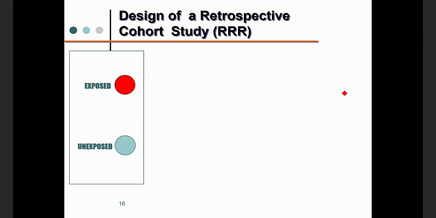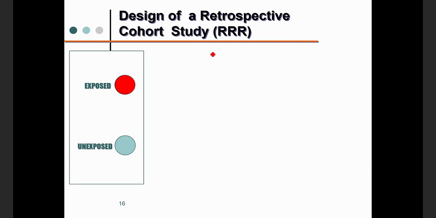Yeah, so since prospective is time consuming, costs money, and needs manpower, we go for retrospective. That is the alternative. They try to imitate the prospective cohort. In this retrospective study, disease and exposure have happened already.